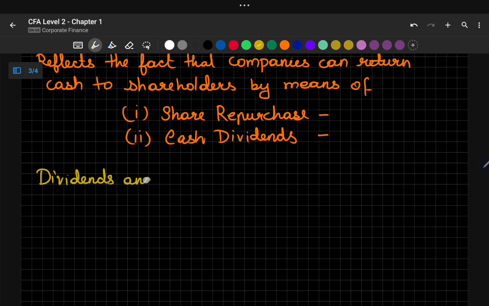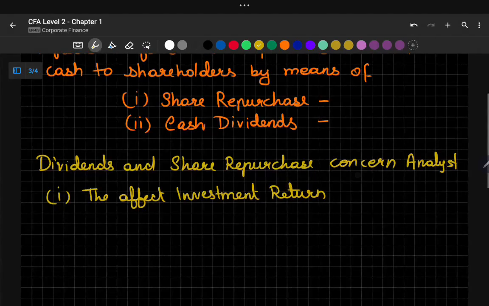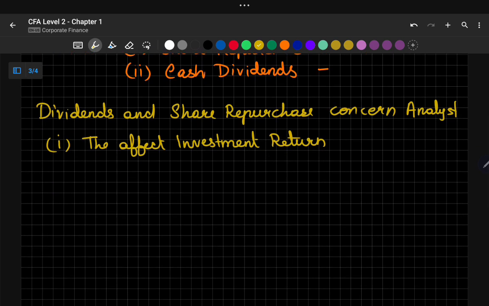First, they affect the investment return, because the cash that would be with the company is now being paid out to its shareholders. So the company value would decrease by that amount, right? So it would affect investment return. Second, since again cash is being paid out, it will affect financial ratios.